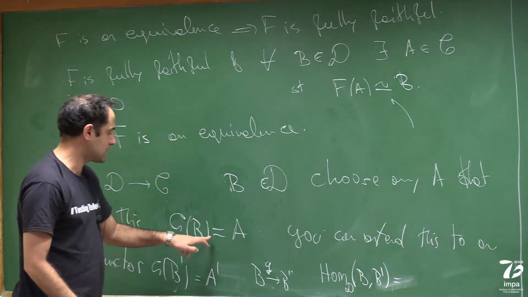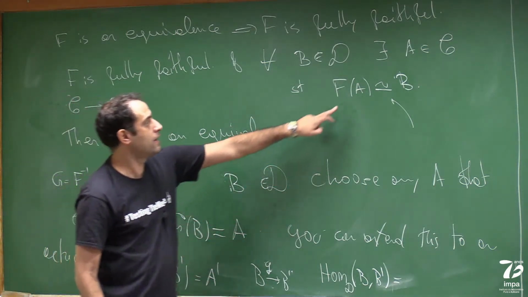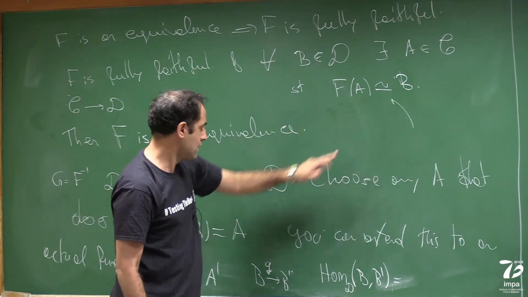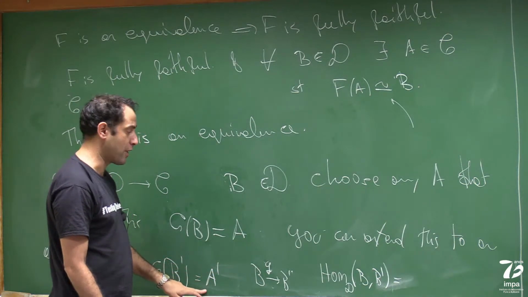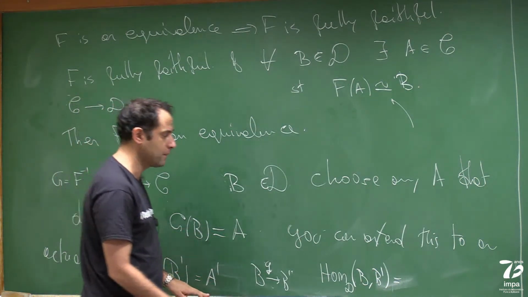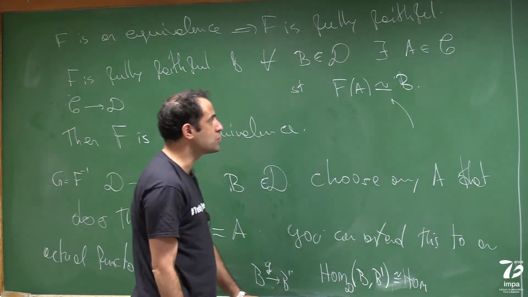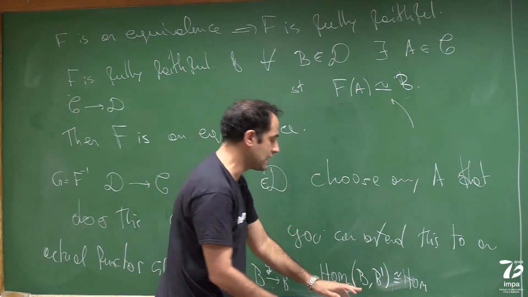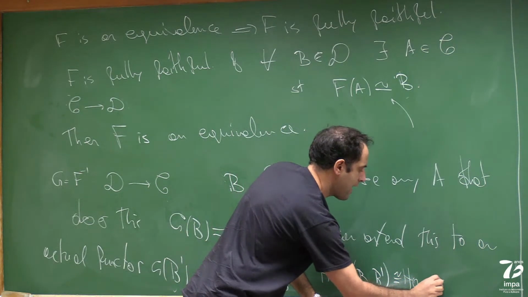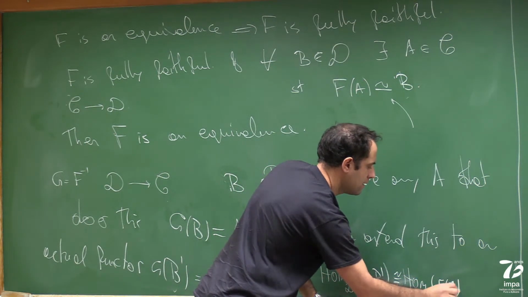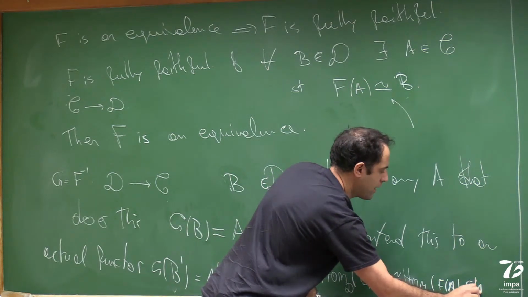But B was given as isomorphic to F of A, and B prime is isomorphic to F of A prime. This is how we chose A and A prime. So when you conjugate by those isomorphisms, this is isomorphic to hom(FA, FA prime).